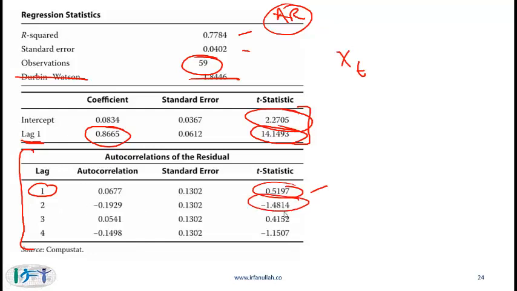So all these actually are looking reasonable. None of these t-stats are very high, which means that presumably all the correlations with previous lags are 0, or not, statistically speaking, different from 0. So this looks like a decent result.